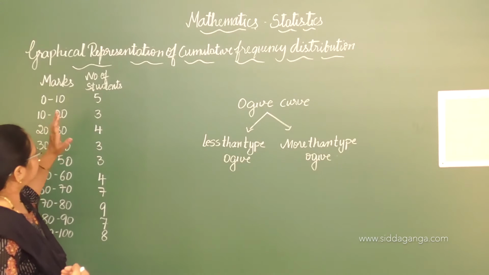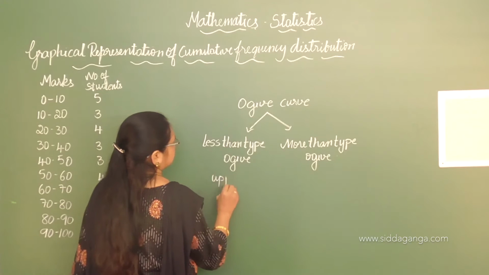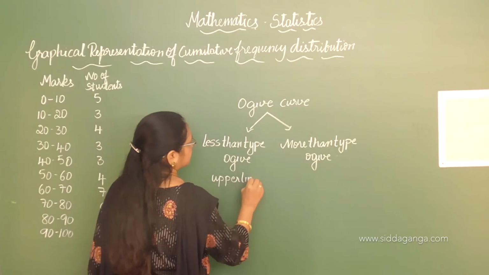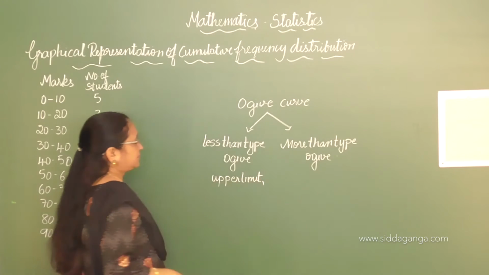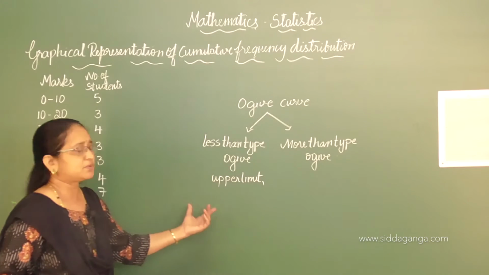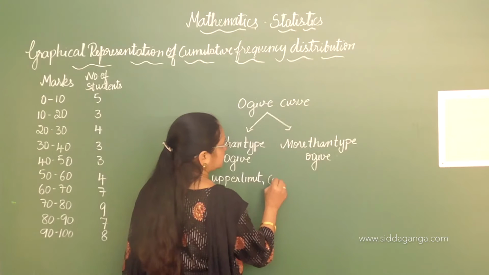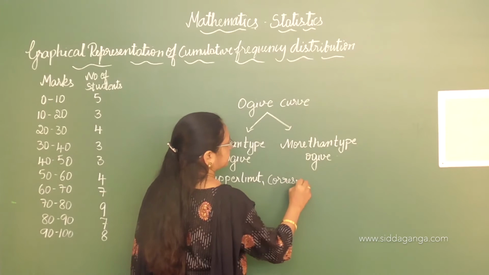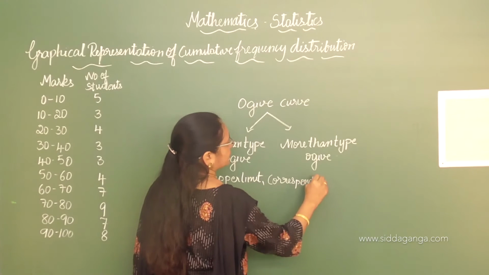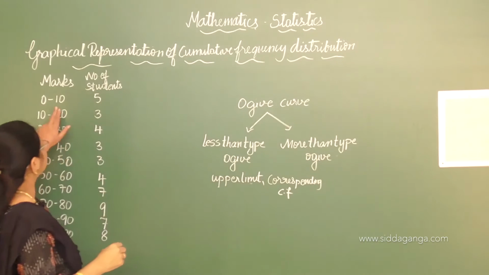Okay, so when we plot the graph between the upper limit, be attentive, this is very important. We have to plot the graph with the upper limit and the corresponding cumulative frequency for this upper limit, means for 10.